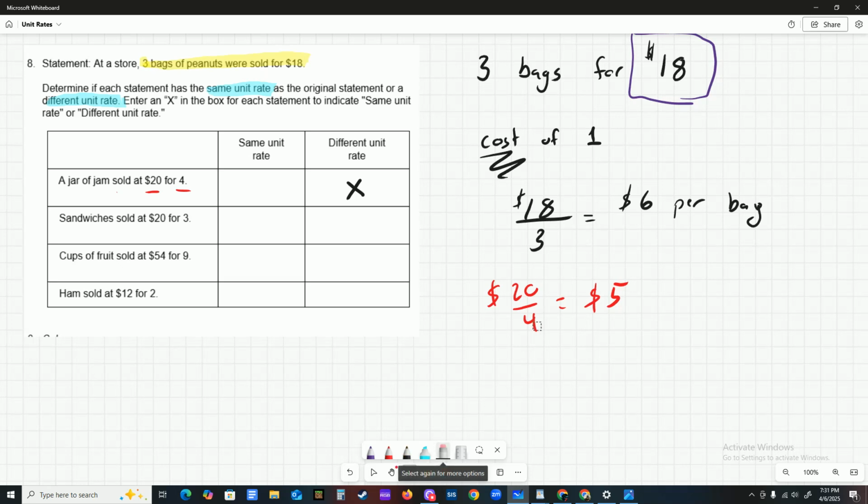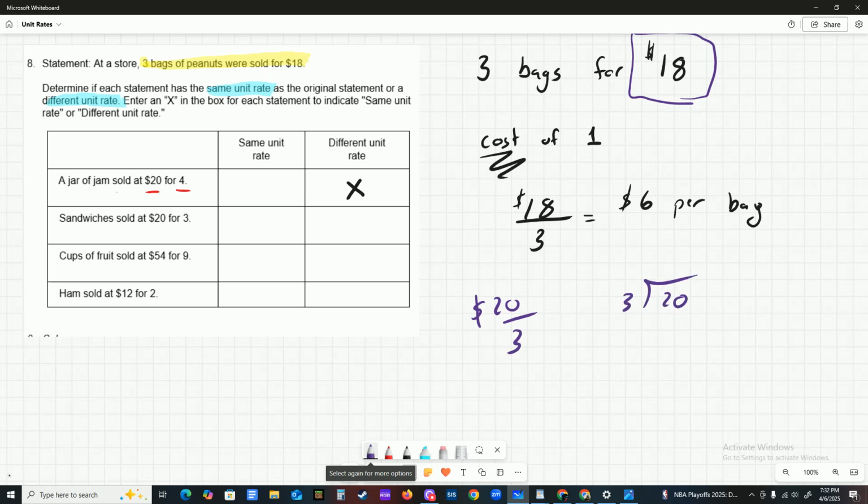It says sandwiches are sold for $20 for 3 sandwiches. That's an expensive sandwich. So let's use a different color. Let's use purple. So we're going to take $20 and divide by 3. So let's do long division. 3 goes into 20 six times. You get 18. You get 2 again. Let's add a decimal. Add a 0.